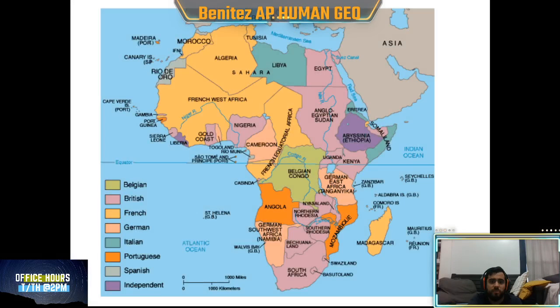Take a look. This is a map of all the European countries and what they conquered in Africa. But after World War II, many of these countries left Africa because they had to pay and fix their own country. Other countries suffered a lot of heavy losses during World War II.